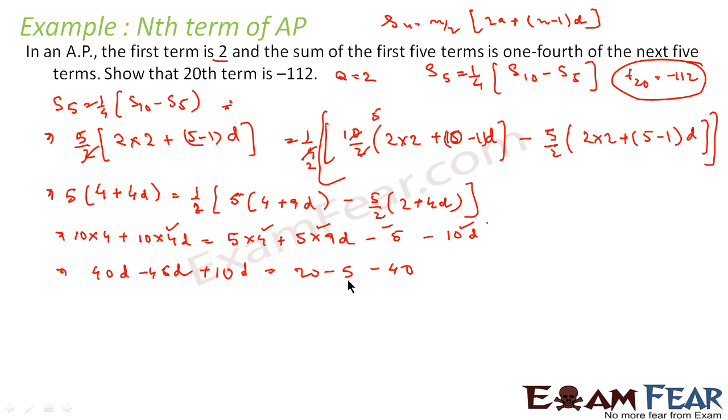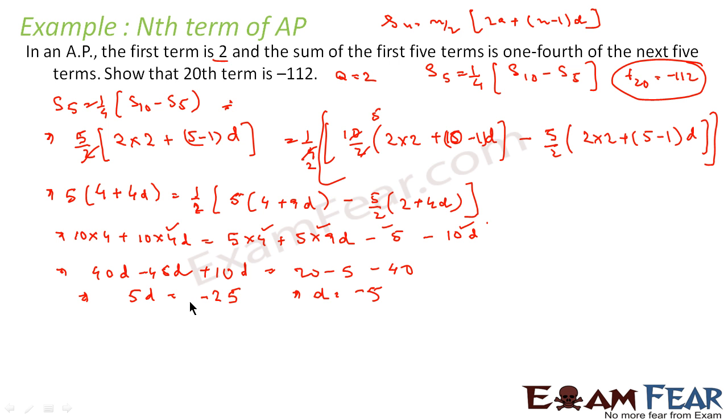So what we get is 40 minus 45 plus 10, that is 5D, is equal to 20 minus 5 is equal to 15 minus 40 is equal to minus 25. 20 minus 45, that is minus 25, correct? Or D is equal to minus 5. Now we have D is equal to minus 5.